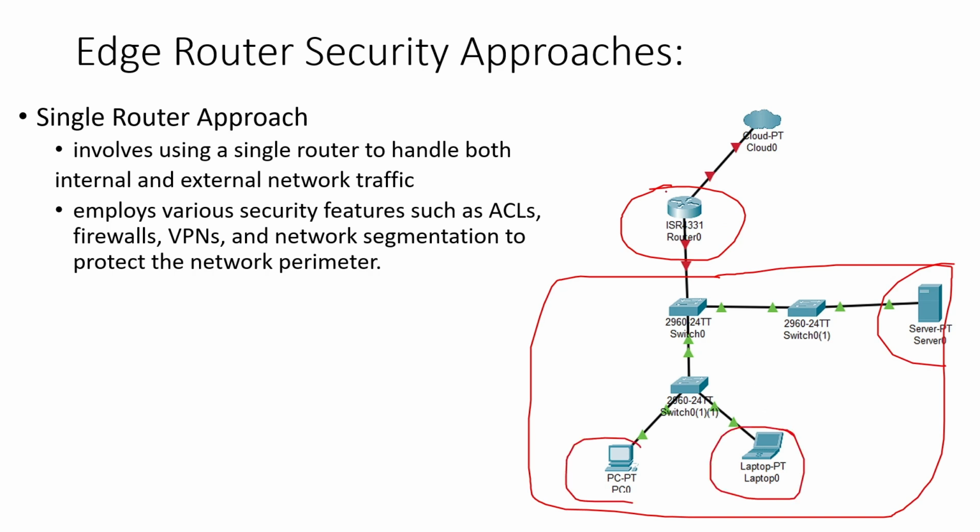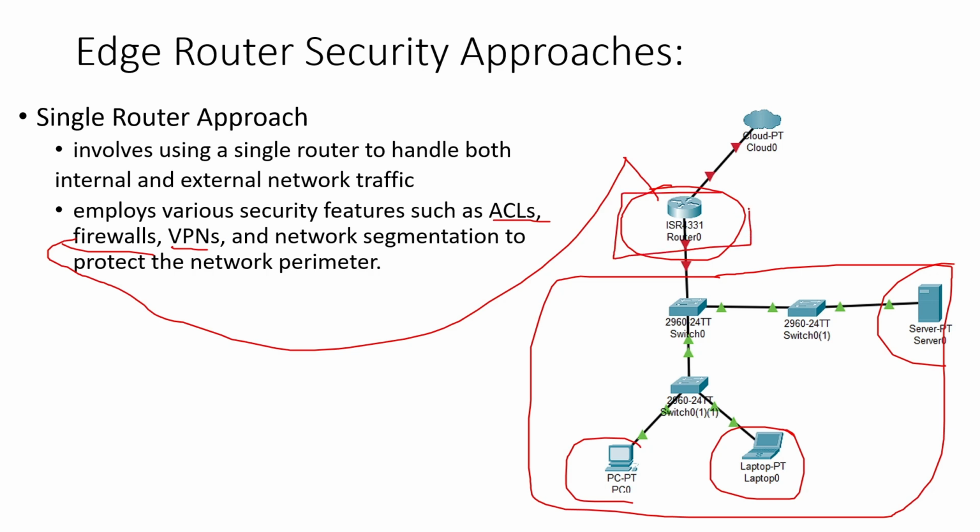This router may have security features that are enabled like ACLs or access control lists. It can also be a firewall. There could also be a firewall embedded on it or configured on it. Also, there could be VPNs in this edge router and network segmentation to protect the network perimeter.